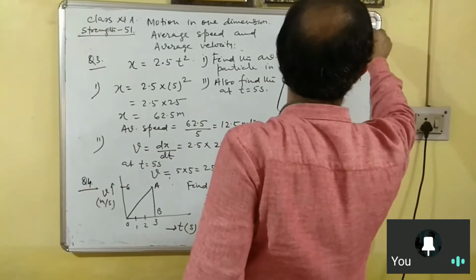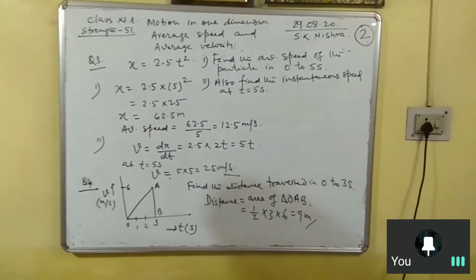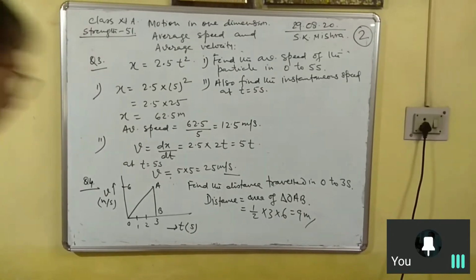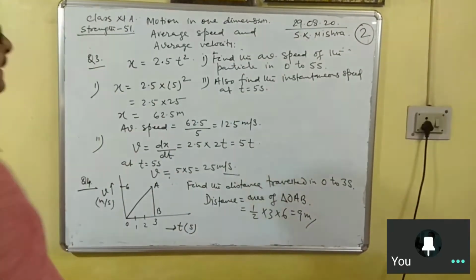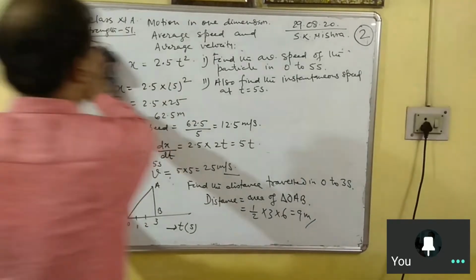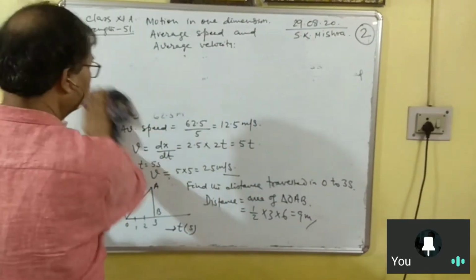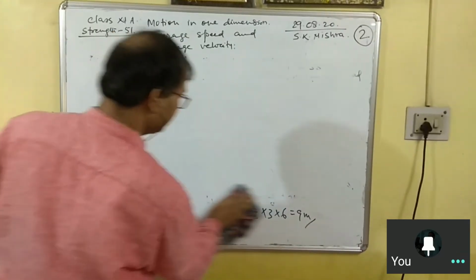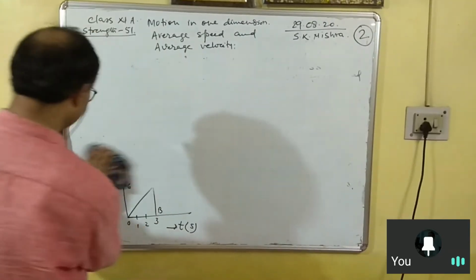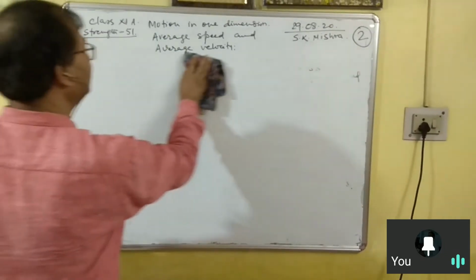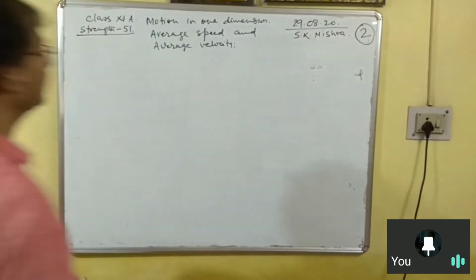Now, just to observe the difference: the magnitude of velocity gives you the speed, but the magnitude of average velocity may not give the average speed.